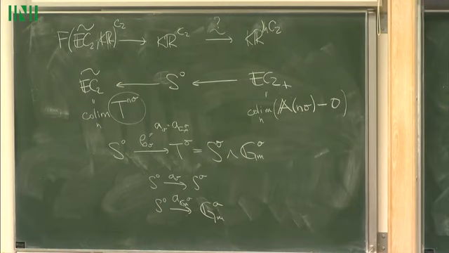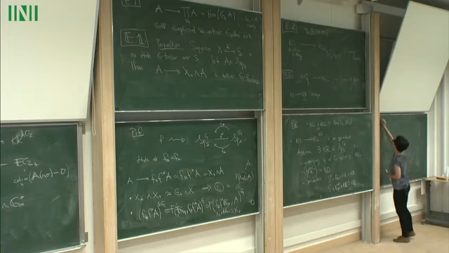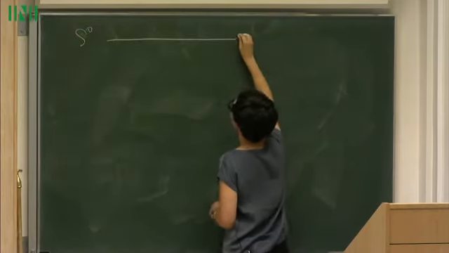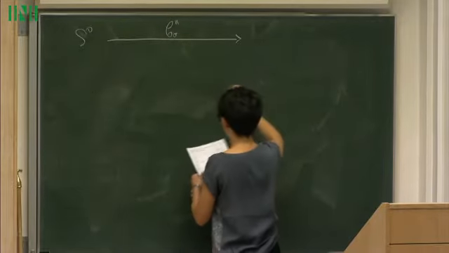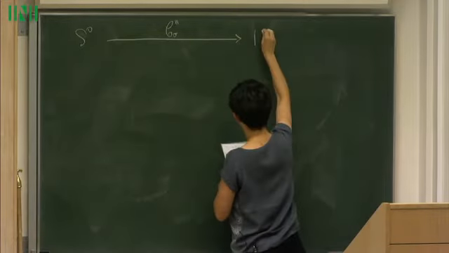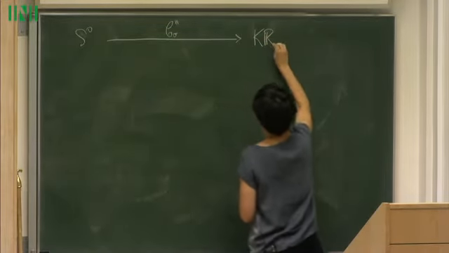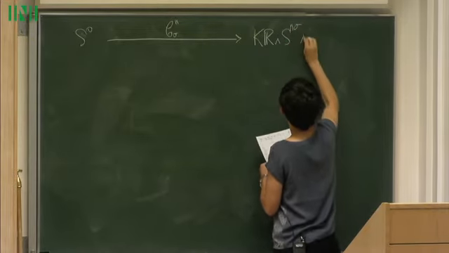Okay, so am I going to be able to fit this on one board? Maybe. All right, so we need to check what's going on there. So let's take some power of this thing, B sigma to the n, and also smash with the unit in KR. So this is the ring spectrum, right? It has a unit.